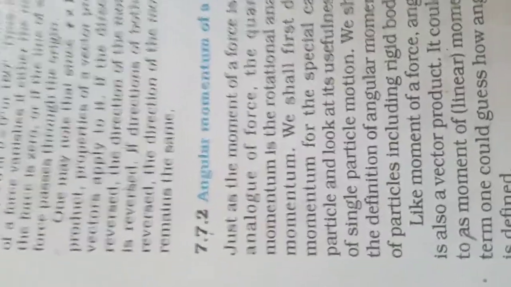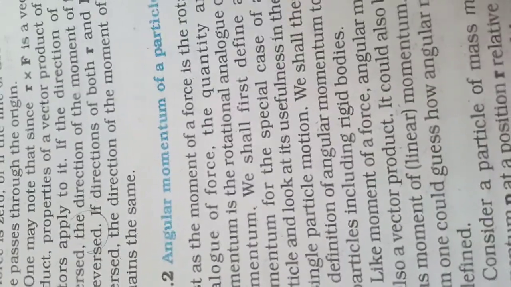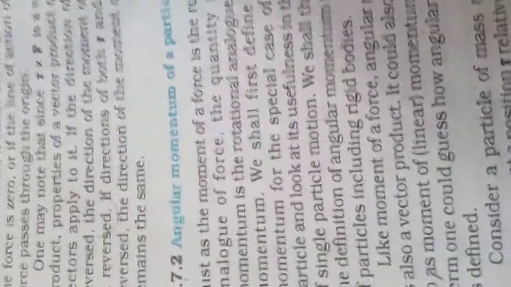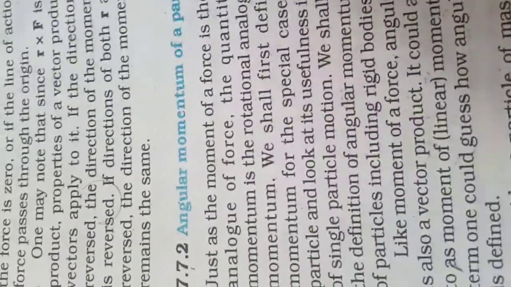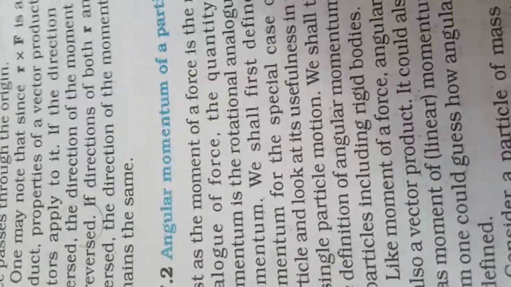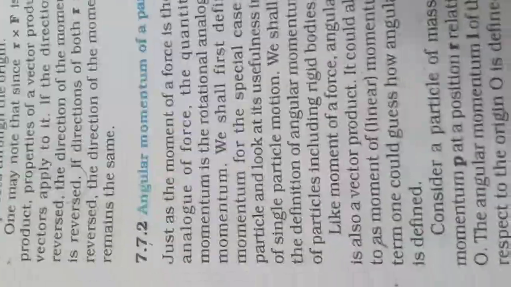Thus the moment of a force vanishes if either the magnitude of the force is 0 or if the line of action of the force passes through the origin. Understanding, students? Then we go for the next.